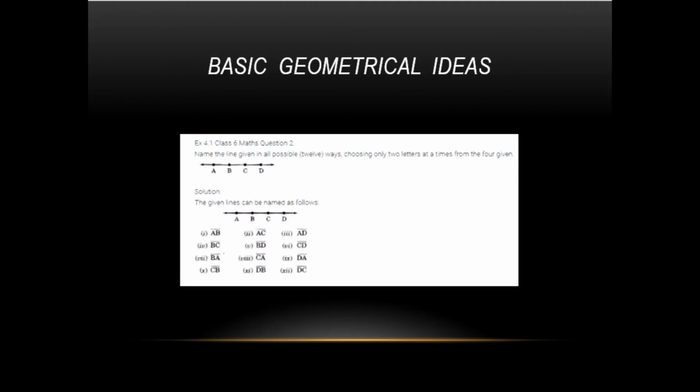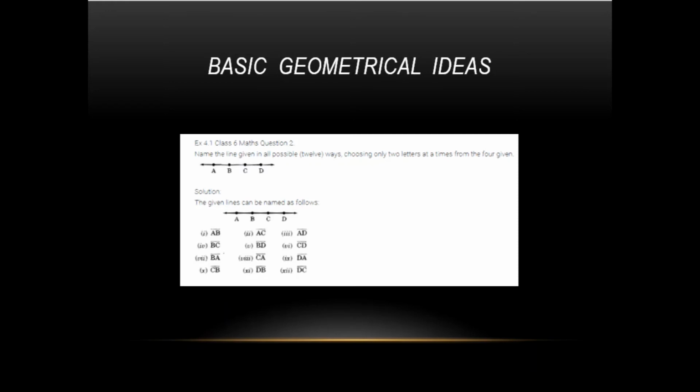Name a line given in all possible ways, choosing only two letters at the times from the four given solutions. The line can be named as follows. It can be AB, AC, AD.